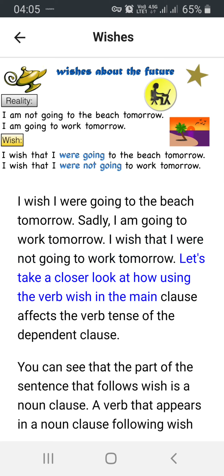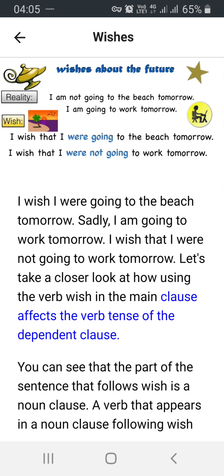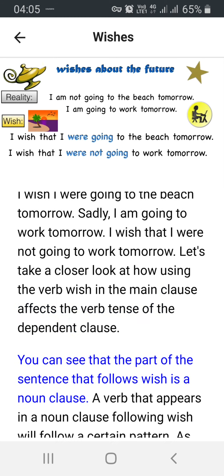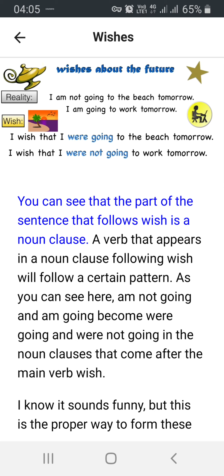Let's take a closer look at how using the verb wish in the main clause affects the verb tense of the dependent clause. You can see that the part of the sentence that follows wish is a noun clause.